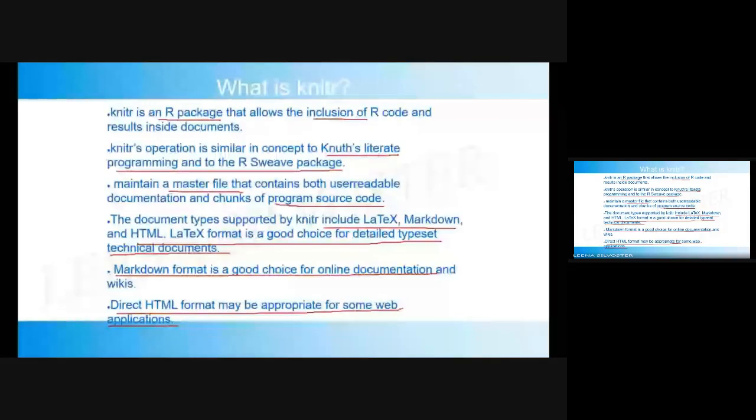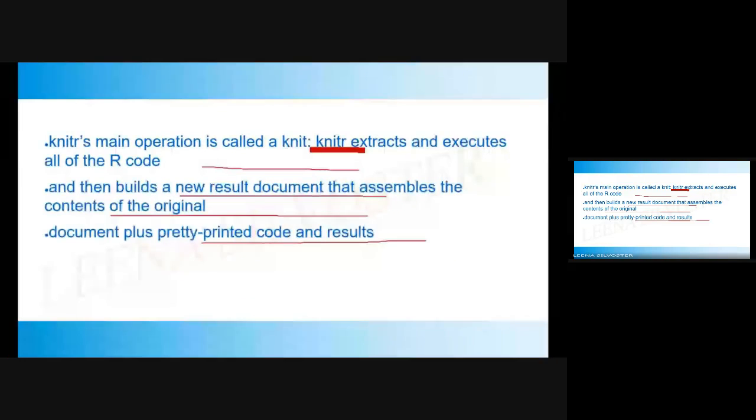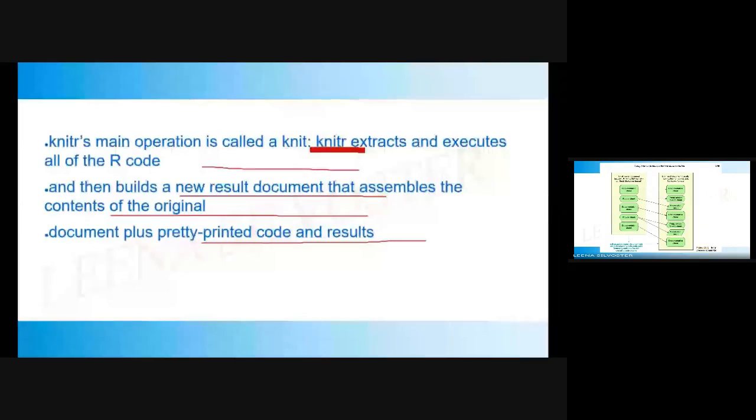Knitr's main operation is knit. It executes all the R code and builds a new result based on the contents of the original document, and it will print the code as well as the result. Okay, using Knitr, how to create documentation.